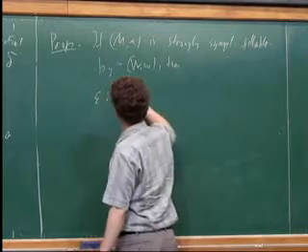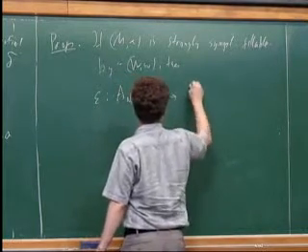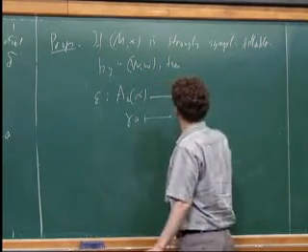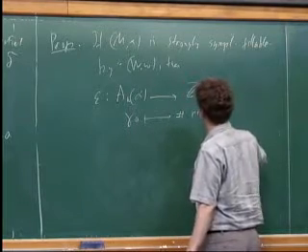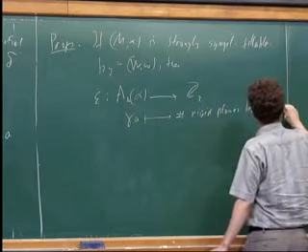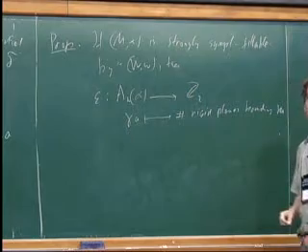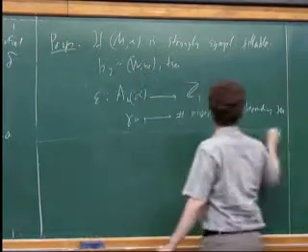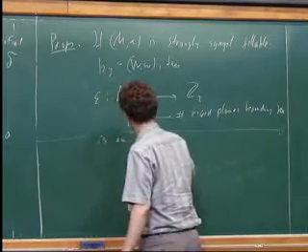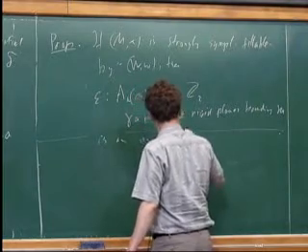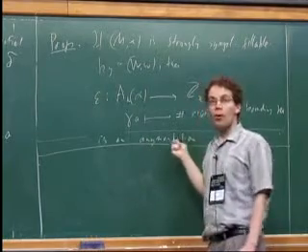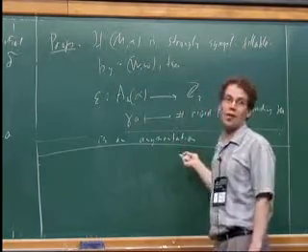We send every Reeb orbit gamma A to the number of rigid planes, so zero-dimensional families, bounding gamma A. And this is then an augmentation. Now, there are many contact manifolds that have this property.